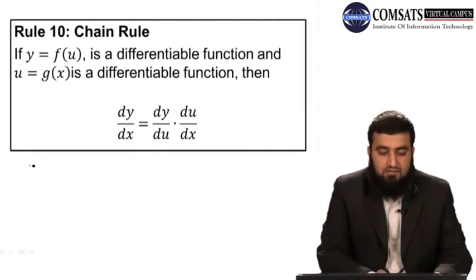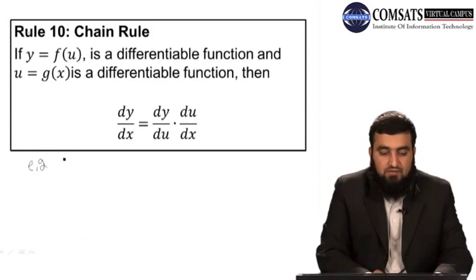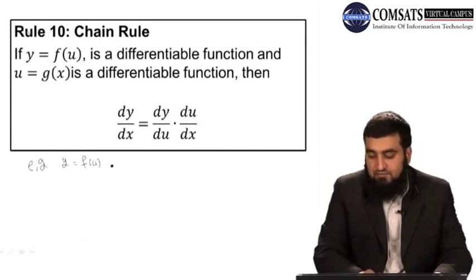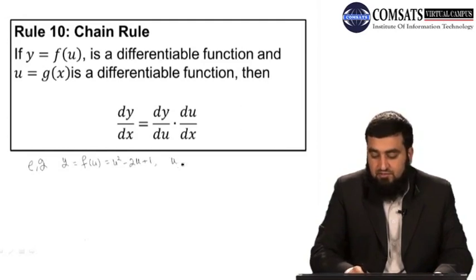So for example, you have given y is equal to f of u, which is equal to u square minus 2u plus 1, and then u is also a function of some other variable, which is x.